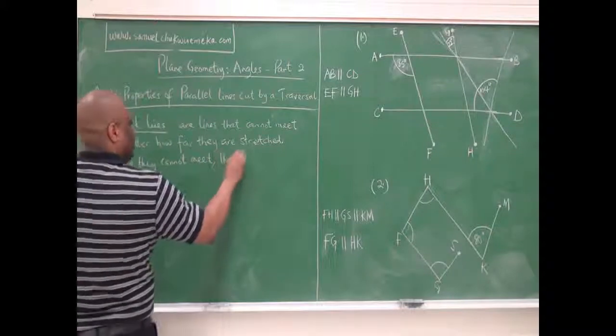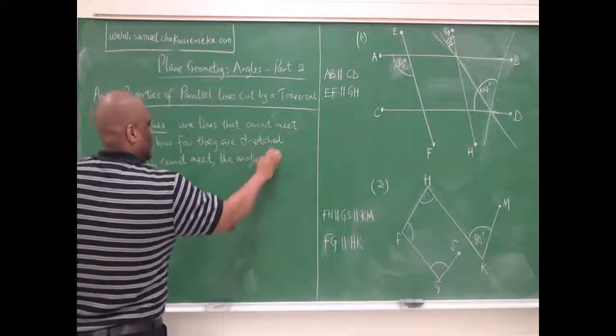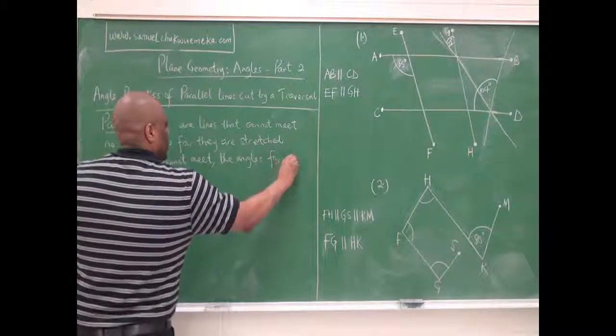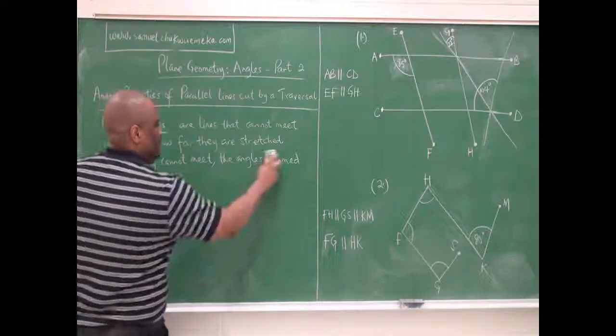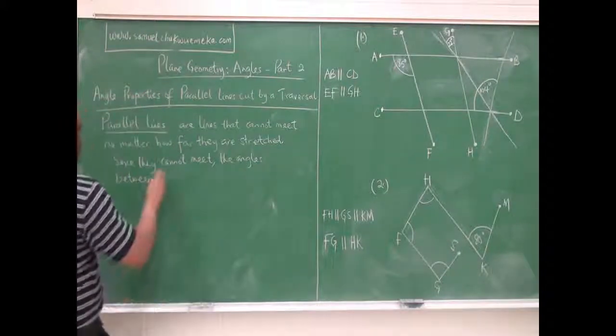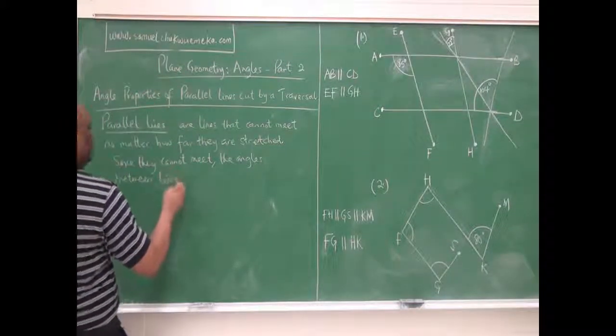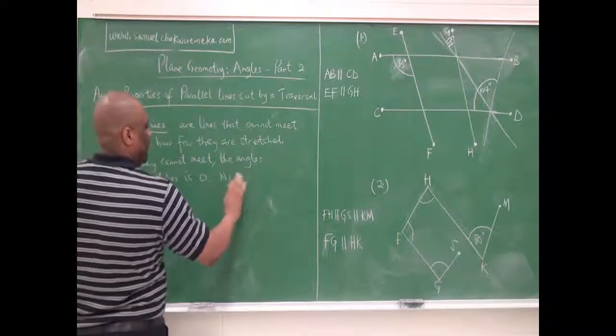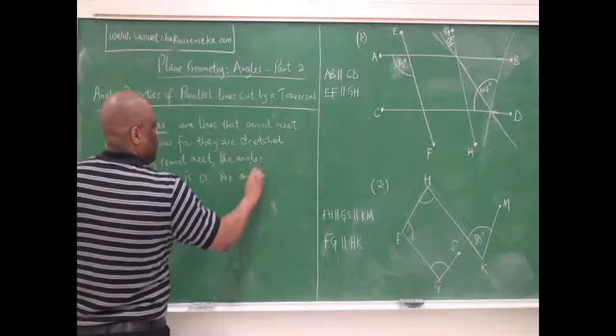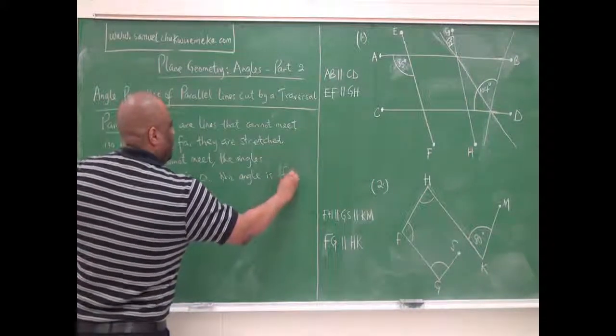Just write: the angles between parallel lines is 0. Because they cannot meet, no angle is formed.